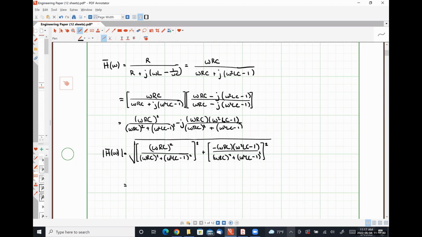And now it's time for a little bit of algebra, right? So for my denominator, that's going to be omega RC squared plus omega squared LC minus 1 squared, and then that whole quantity squared.